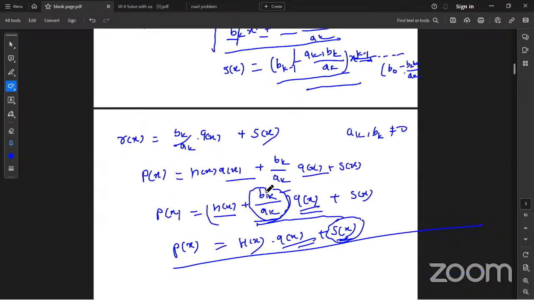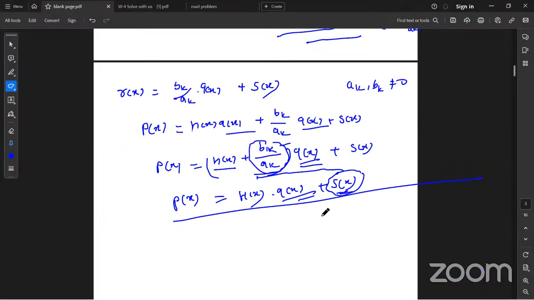So we can represent this Px like this, and here we will get the degree of Sx is less than this degree. So what is my question?